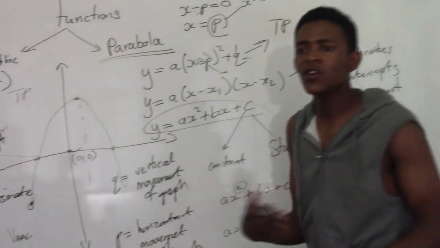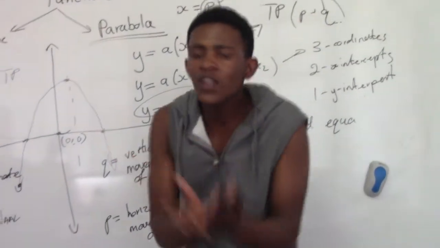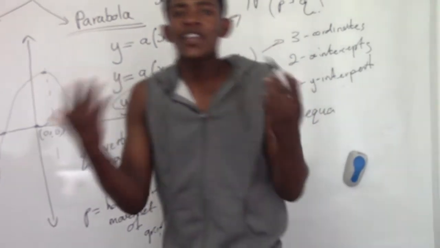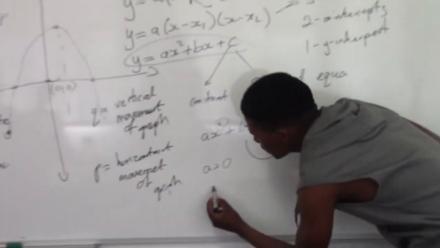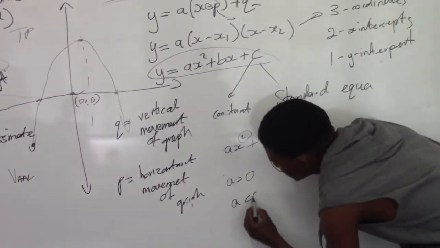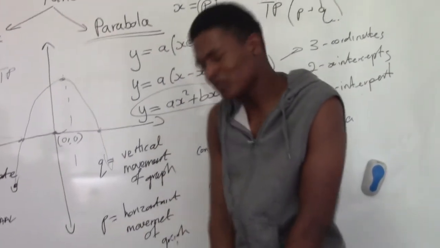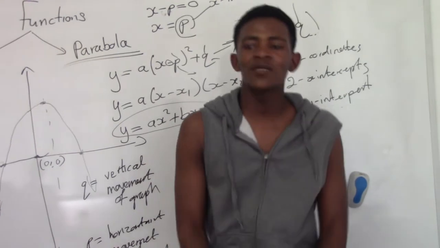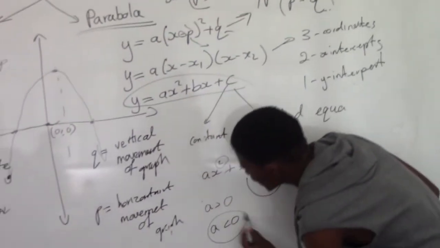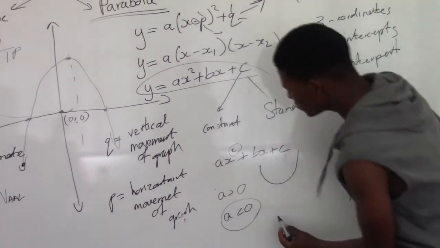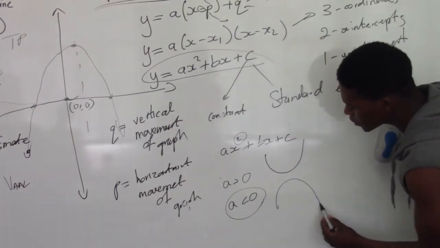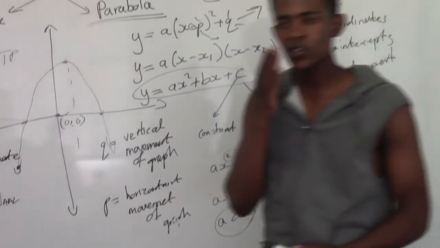You are not negative, you are always positive in life. So obviously if you are positive in life, that means you are happy. Then, I'm also having an a that is negative. This is me, I'm sad, I'm negative, I don't have dreams. So if your a is negative, then that means your graph will also be sad.